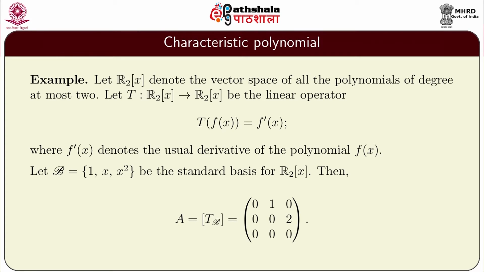So, if we write 1 in terms of 1, x and x square, we get 1 0 0 as the coefficients. That is what you see over there in the second column, and then T of x square, which is 2x, that is the derivative of x square. So, that written in terms of 1, x and x square gives us 0 2 0 in the third column.